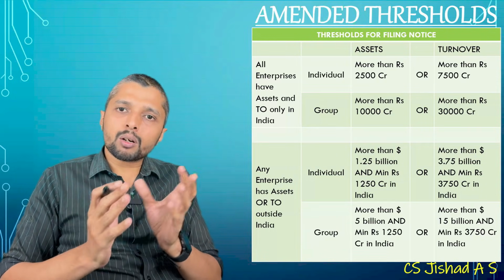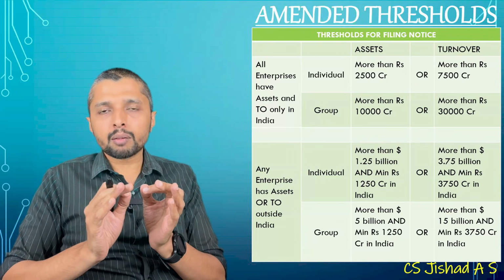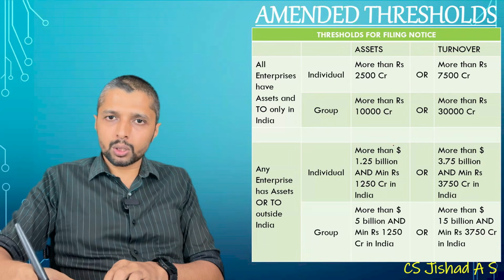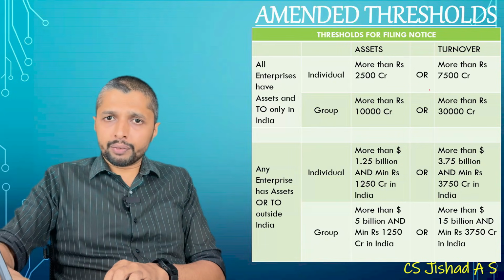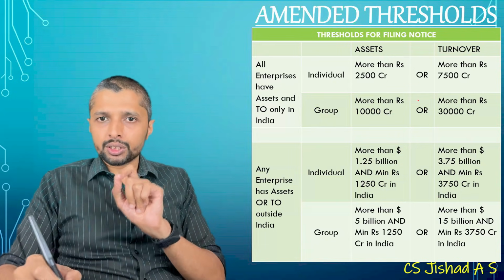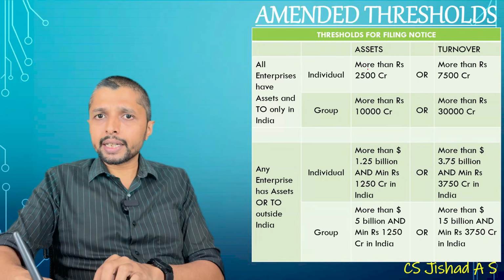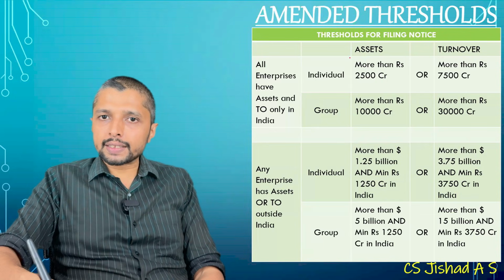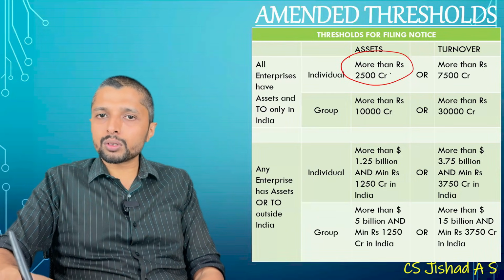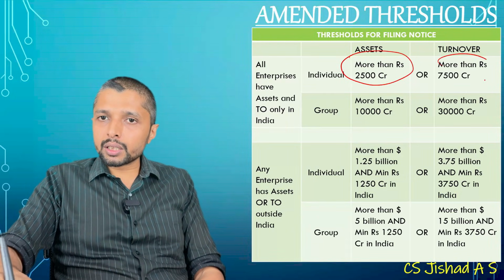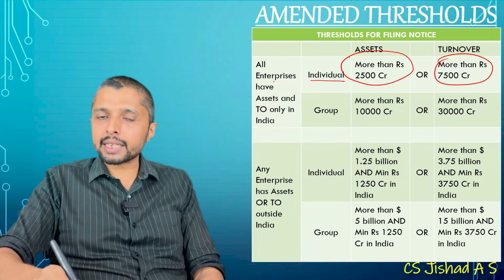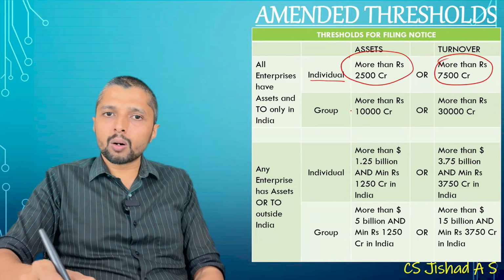We have undergone an amendment. The amendment was applicable from the June 2025 examination with respect to combination thresholds. If a merger, amalgamation or acquisition satisfies any of these conditions, it will be treated as a combination. Assets: the threshold is more than 2,500 crore, or turnover more than 7,500 crore, if the parties have assets and turnover only in India.